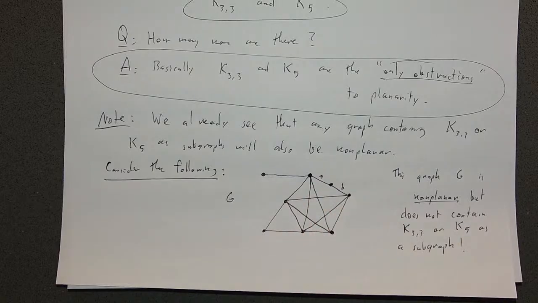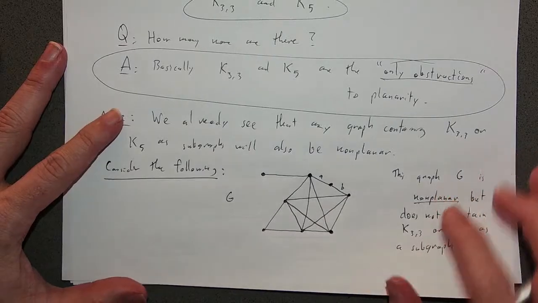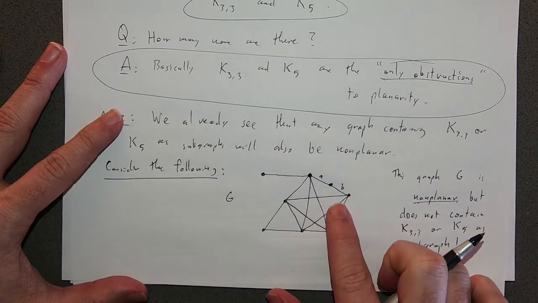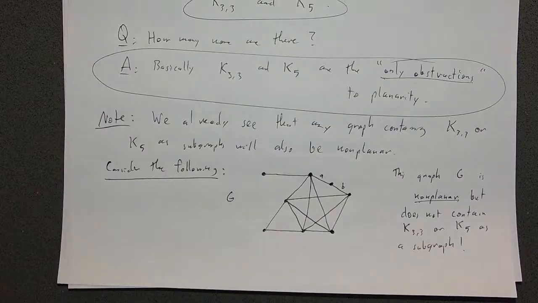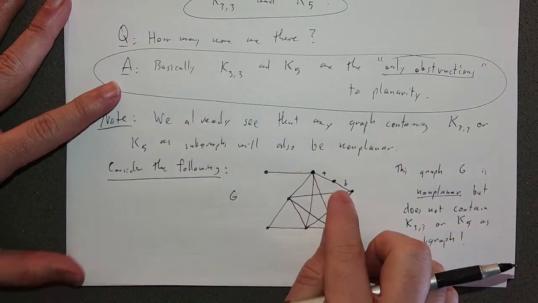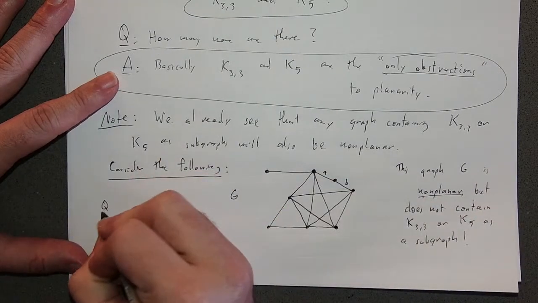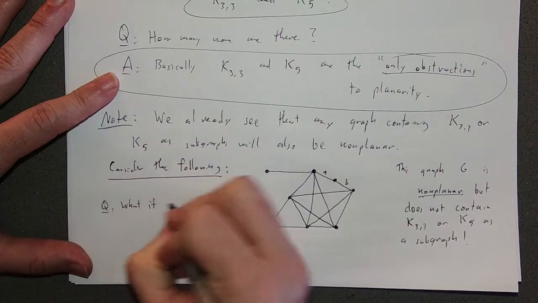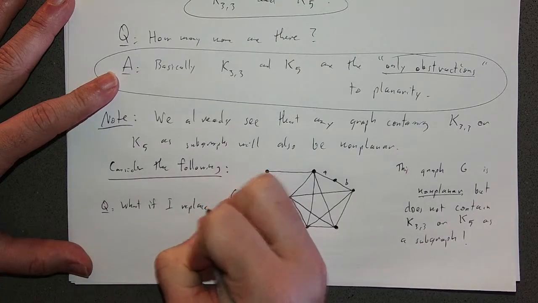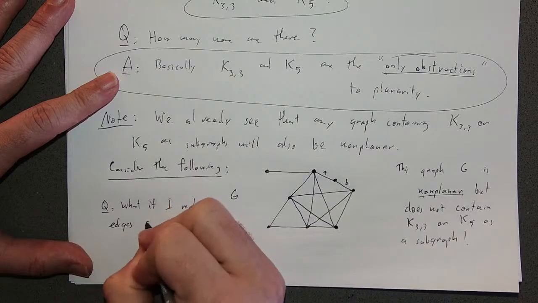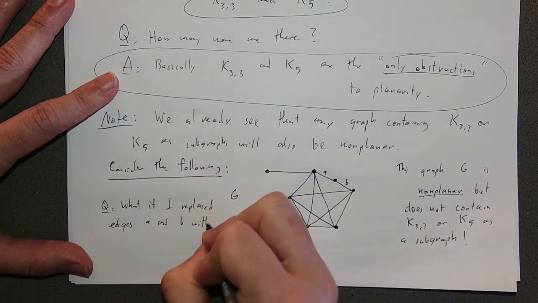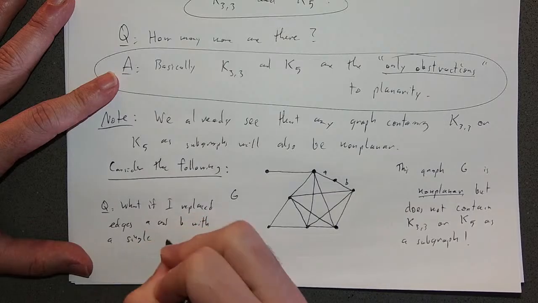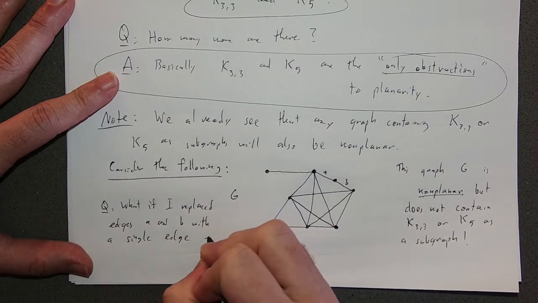And the reason for filling it out this way is so maybe you'll notice, well, what if I replaced the two edges, A and B, with a single edge, say E?